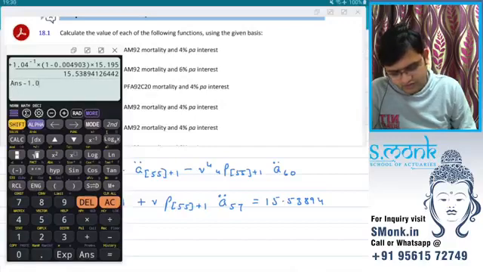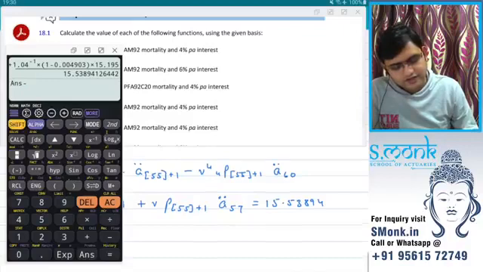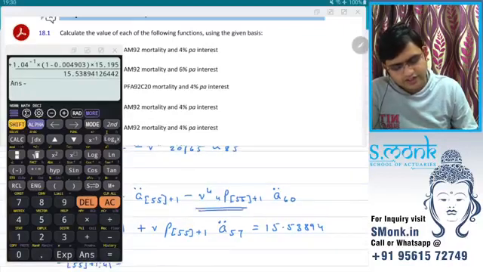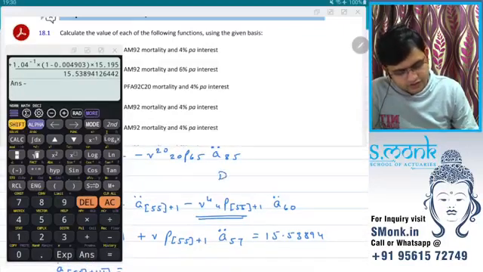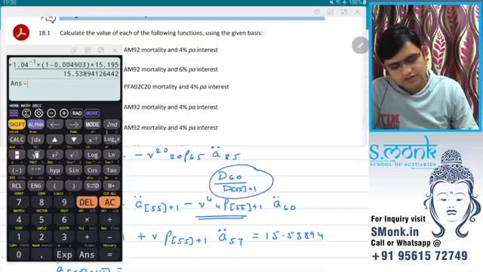Minus 1.04 raised to minus 4. Actually, because this is 4%, you can take D values here. So this would be D. After 4 years, it becomes 60 upon D select 55 plus 1. So I'll take this value.